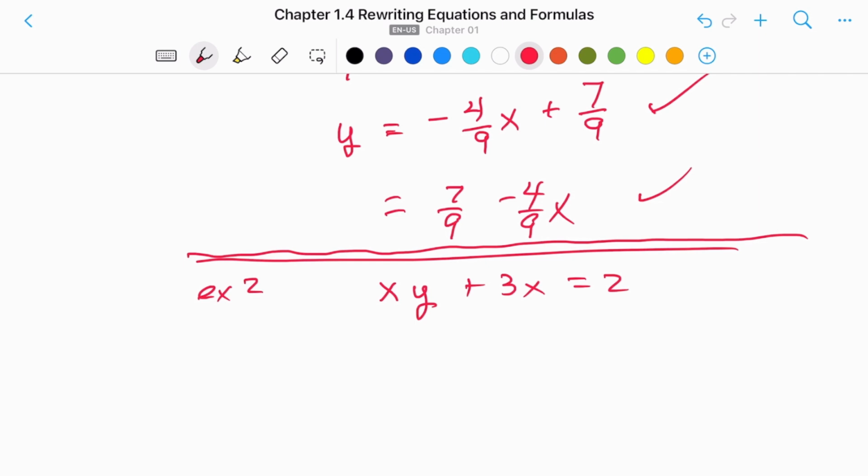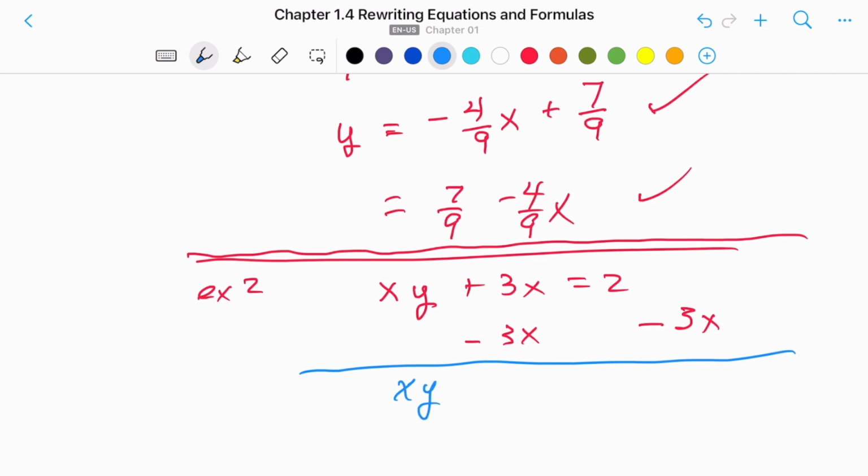Just do what we did before. We're going to subtract the 3x on both sides. Now this right here will become xy. This is gone because they cancel each other out.